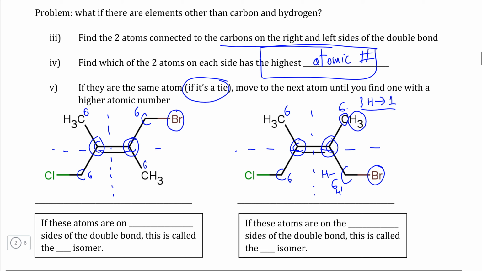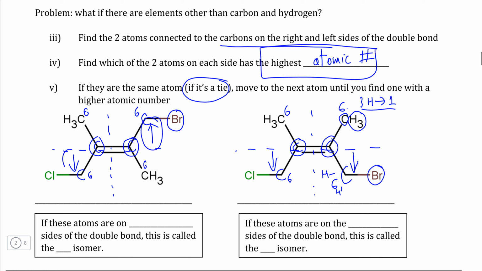So here it's bromine, so we would mark this as the dominant side as being down, whereas over here it would be up. Then on this side, again, we break the tie by going to chlorine, so this is our dominant side, so we would position this down, and here likewise the same.